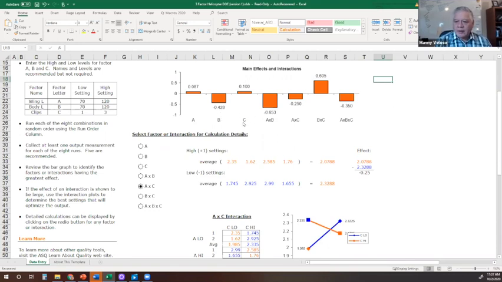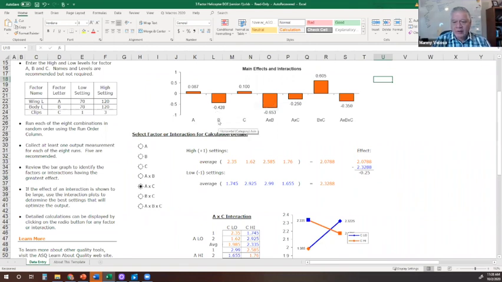Likewise, possibly counterintuitively, as we go from 1 paperclip to 3 paperclips, we actually end up with an average increase in the air time of 0.1 seconds. So this by itself, if you were just to look at A, B, and C, you'd say, okay, well, clearly we want to have long wings and 3 paperclips. And we would prefer to have a short body here, right?